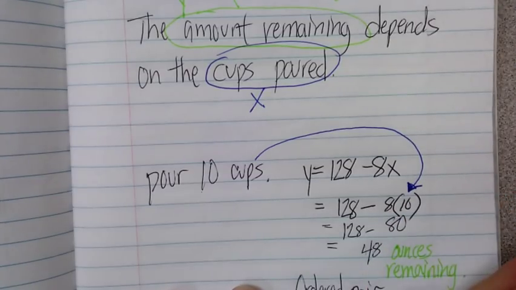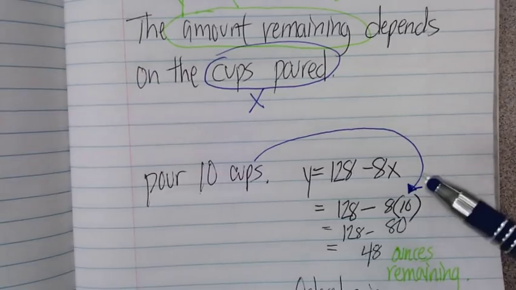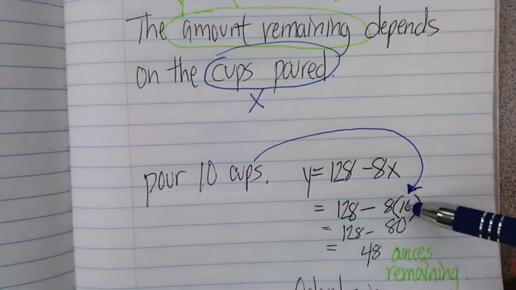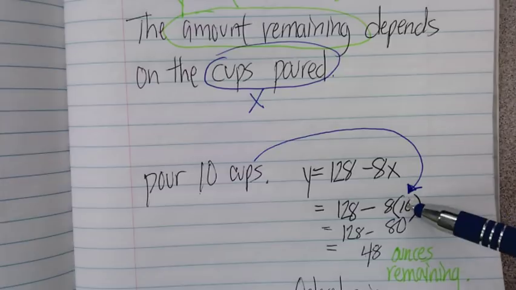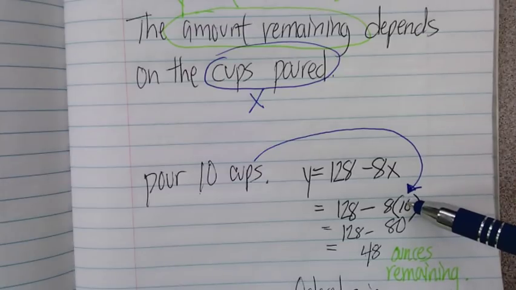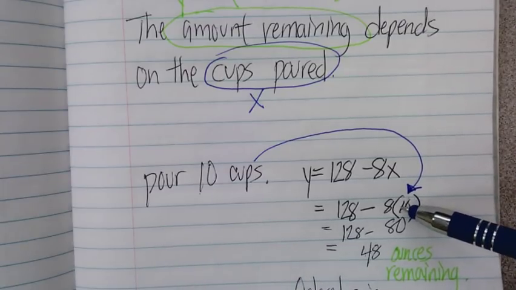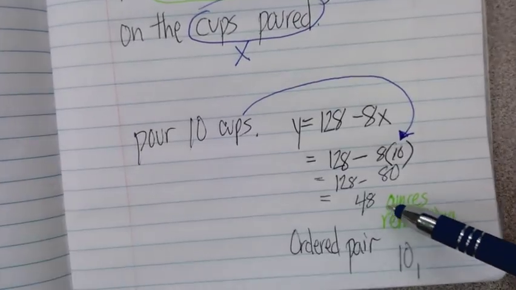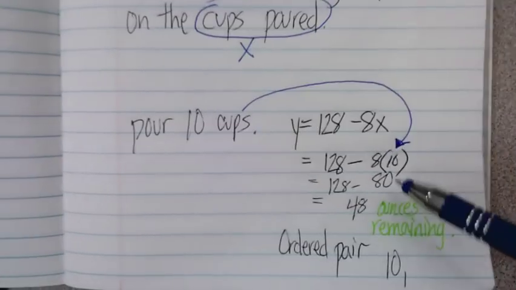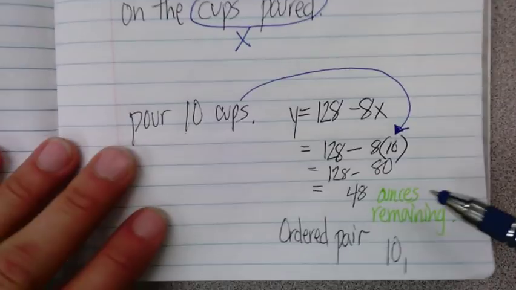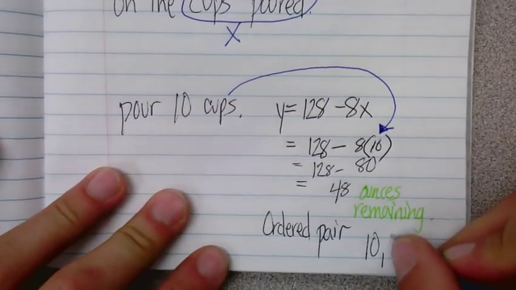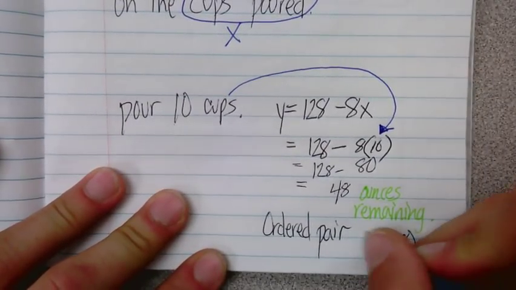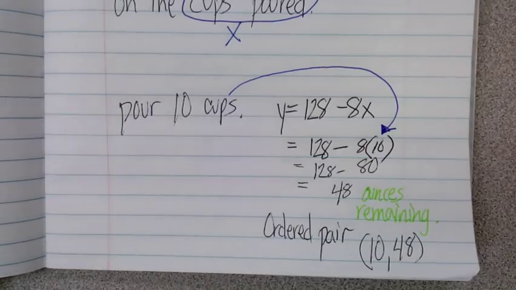Here's your X. And the way you think about it, this is the independent variable. And you have to get your answer, which depends on solving the problem. So you see that (10, 48) would be your ordered pair, though your answer is 48 ounces remaining.